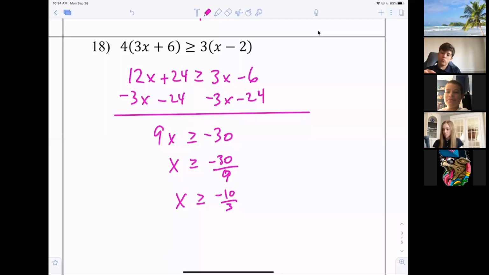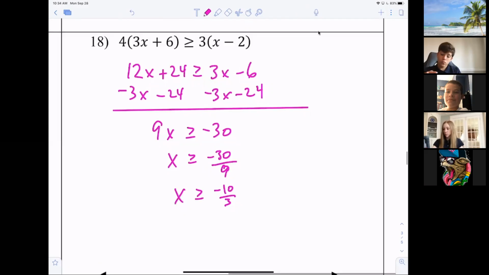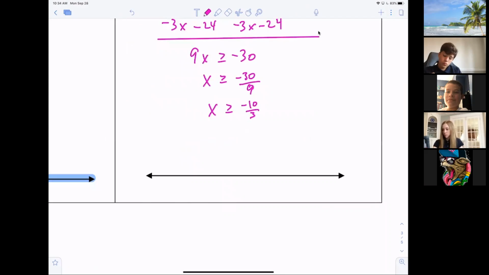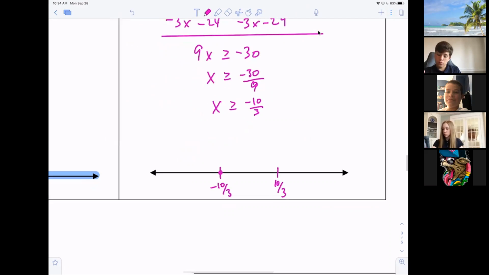Anybody else have any issue with that? All right. Solid or open? Shading in which direction? Told you guys it's easy.